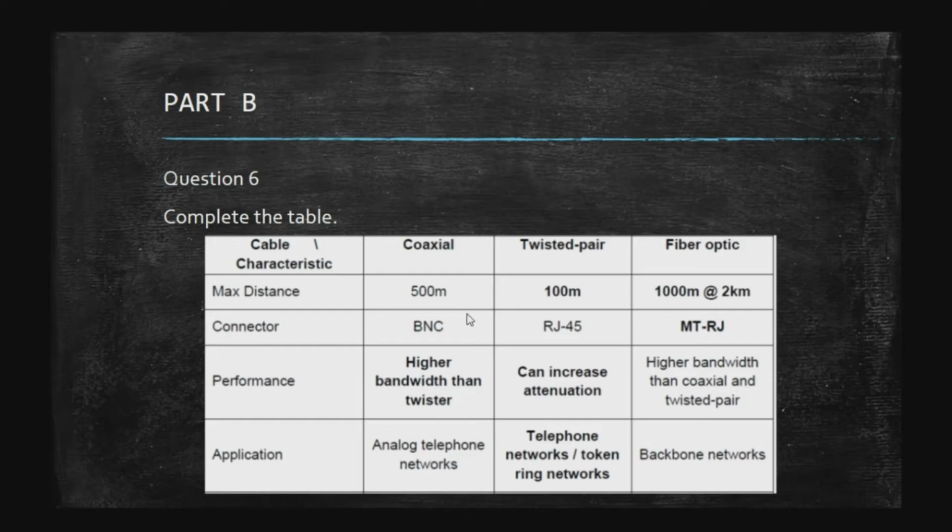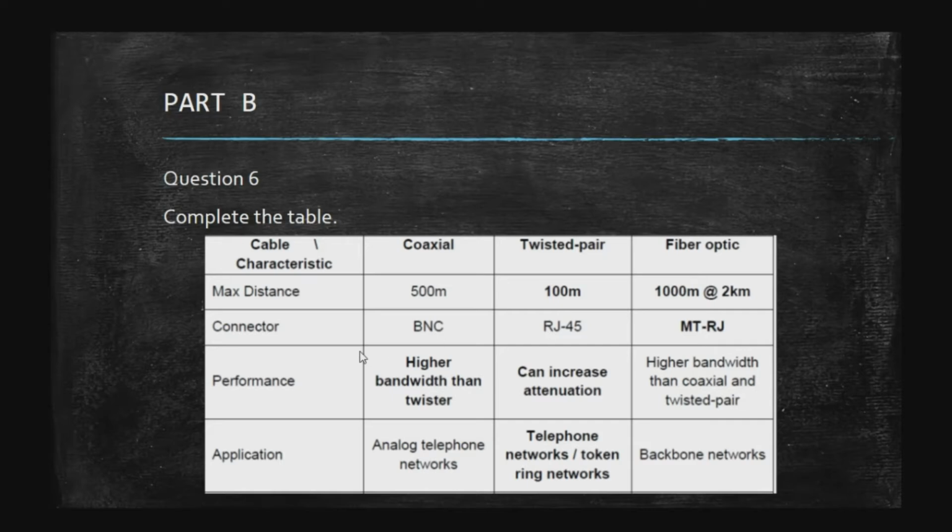Okay, connector, the type of connector. Coaxial, we use BNC. Twisted pair, we have RJ45, and then fiber optic, we use the MTRJ. The connector is what connects your cable, and then we have the performance. This one has higher bandwidth than the twisted pair cable. This one can increase the attenuation. Okay, this one has higher bandwidth than the coaxial cable.